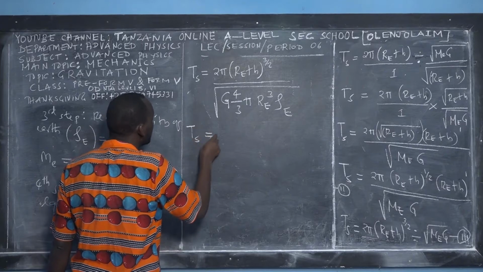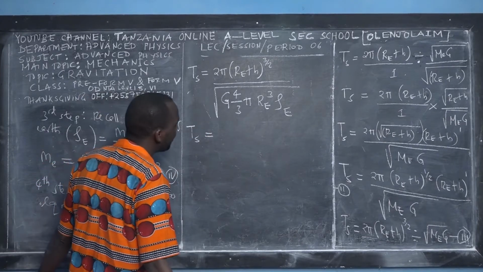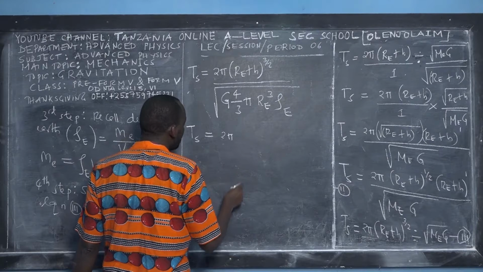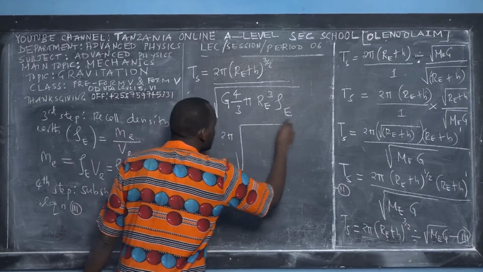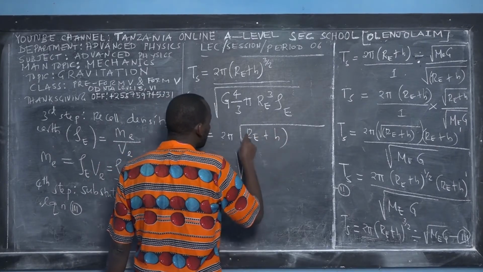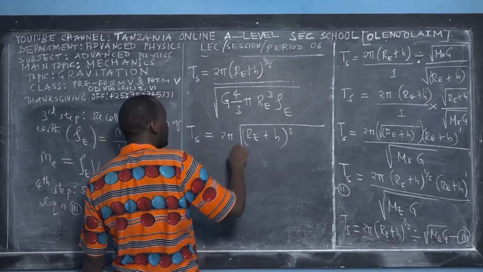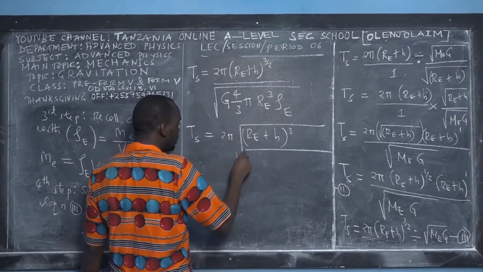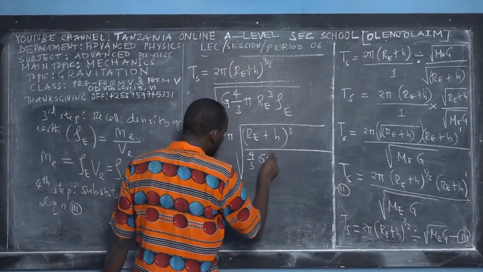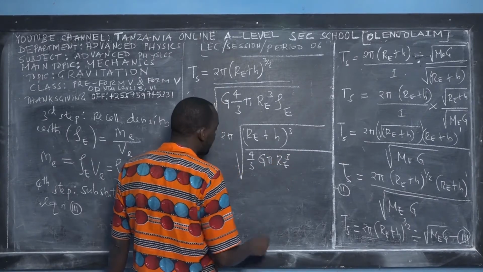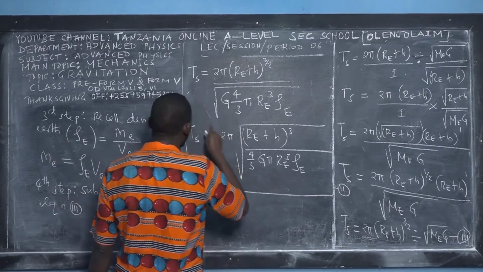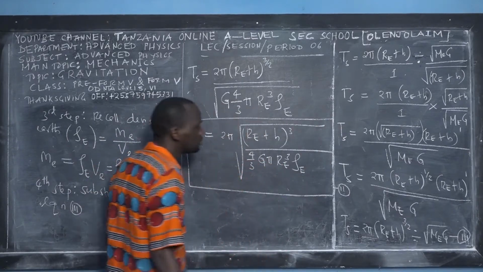So the period of the satellite is equal to twice pi times the square root of radius of S plus the height cubed, because the power of a half means square root, divided by 4/3 times pi times the universal gravitational constant times radius of S cubed times the density of S. So this is the formula you are required to derive as a good student.